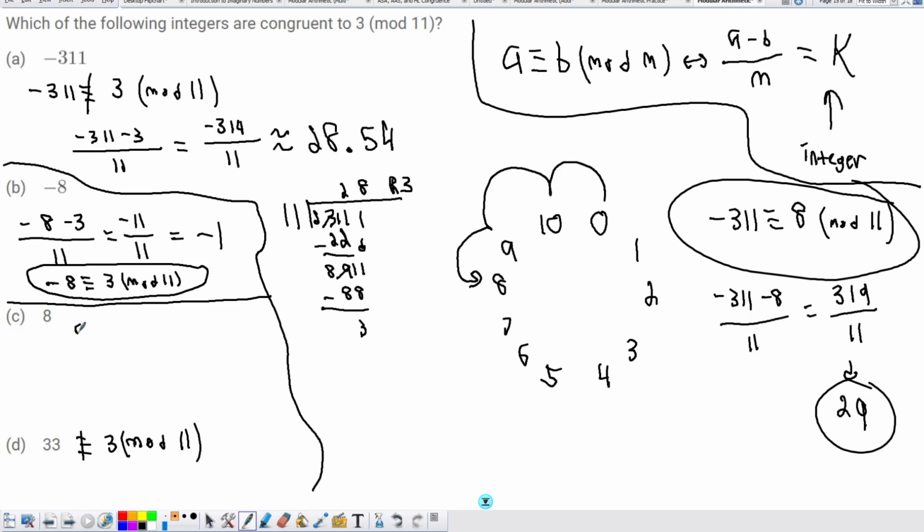We would have to do 8 minus 3 over 11, which is 5 over 11. We can immediately see that's not going to be an integer. So 8 is not the same as 3 mod 11.